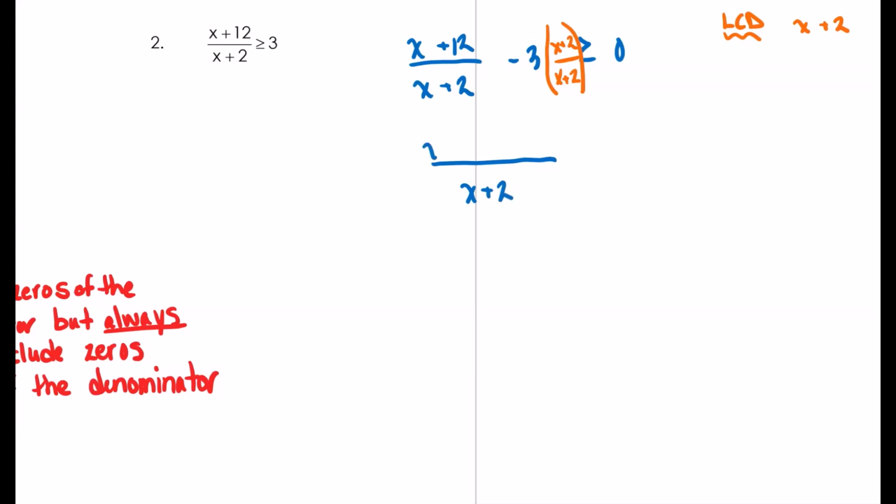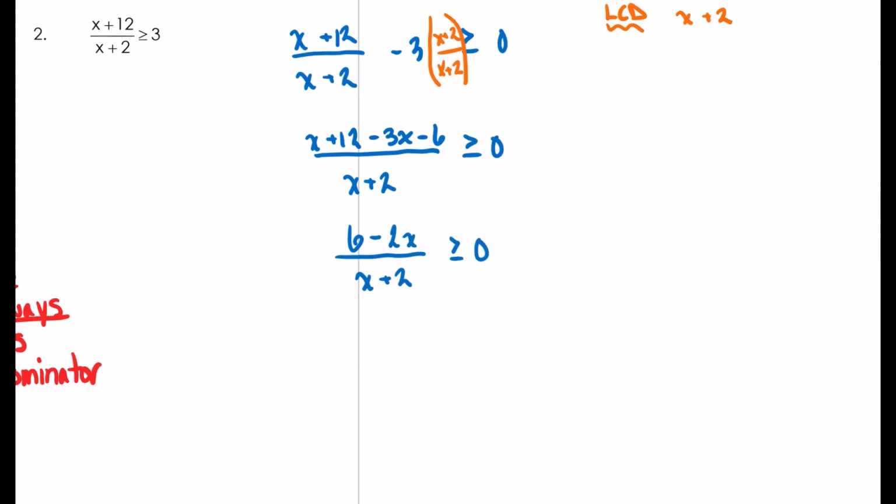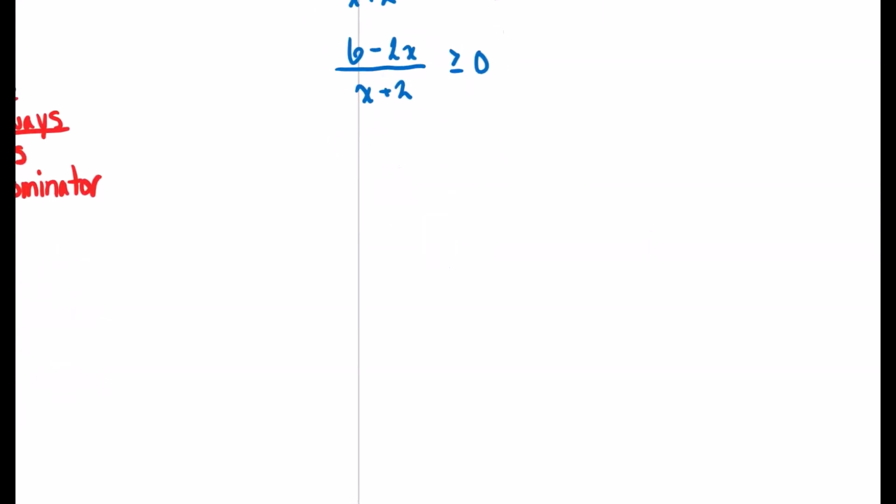So then I'm going to have x plus 12 minus 3x minus 6 is greater than or equal to 0. So then my numerator is 6 minus 2x over x plus 2, and then that's greater than or equal to 0.